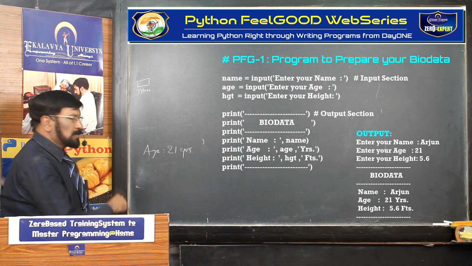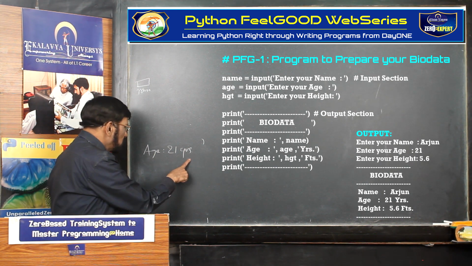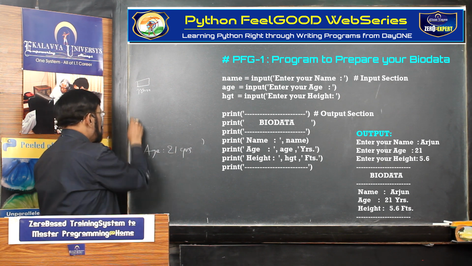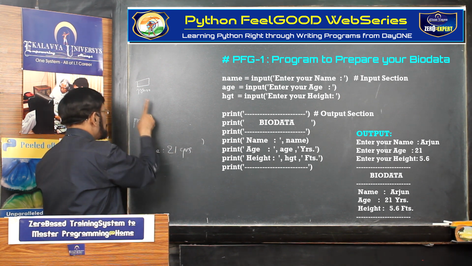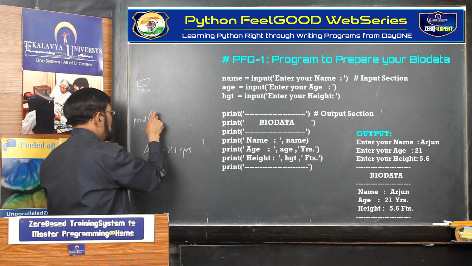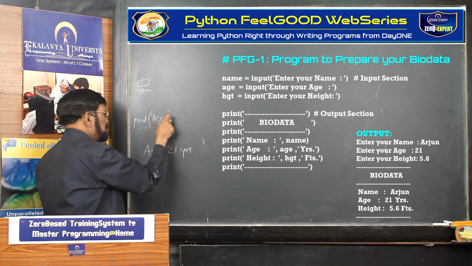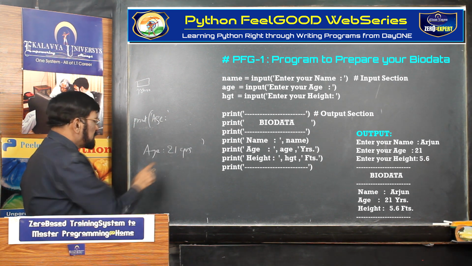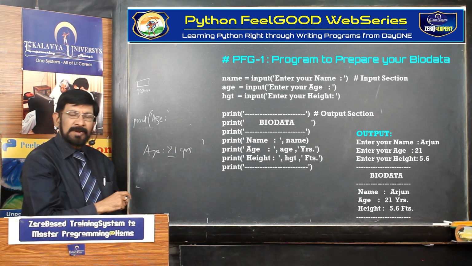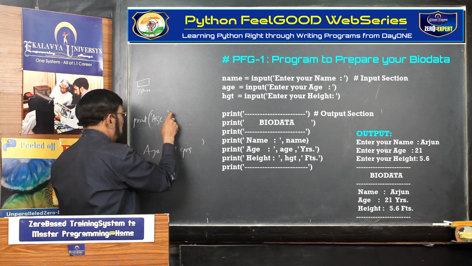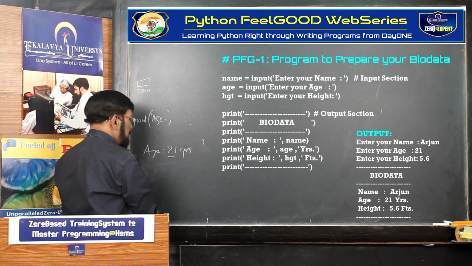In order to produce that, you are writing two labels and one variable. How do you write? Print. Now one label you are writing, and one variable. Age you write. Thereafter, where is the 21? Here, a separator, comma you write.